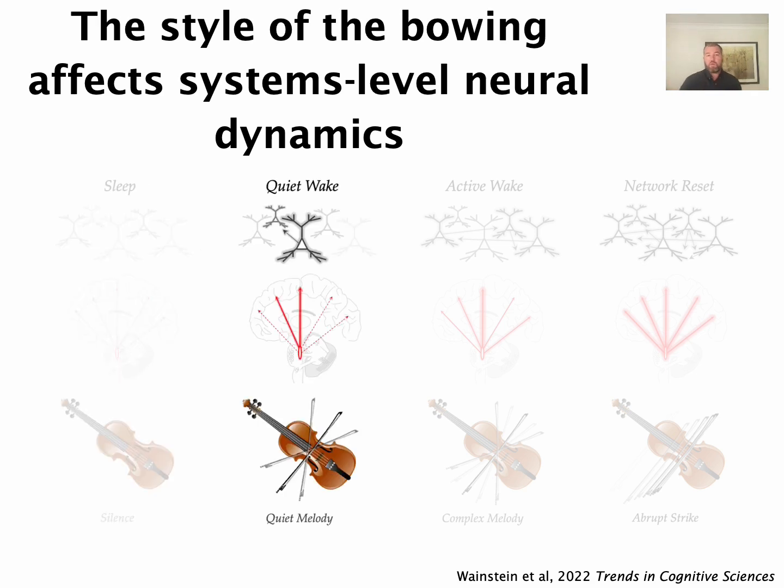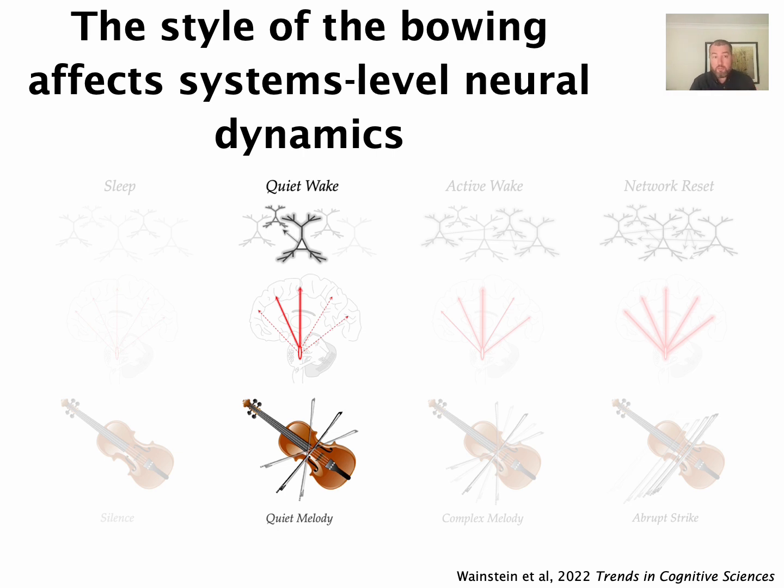As we transition into quiet wakefulness, now we have an increase in the relative firing rate of the locus coeruleus, which is now going to imbue certain parts of the rest of the brain, let's say certain sub-networks within the cerebral cortex, with that increase in volume so that you can hear the melody being played.